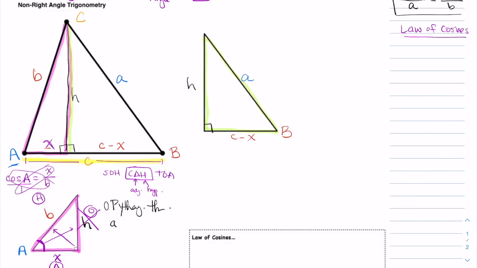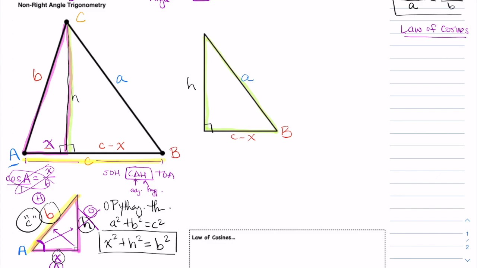Okay, so we know it as a squared plus b squared equals c squared, right? But in our triangle, we don't have a, b, c. We have x, h, and b. So just remember that c is the hypotenuse. In our case, the hypotenuse is here. Just remember that that is what we're technically calling c in the equation. So from this triangle, we could say x squared plus h squared equals b squared. And that is going to be a very, very important relationship in a second as well.